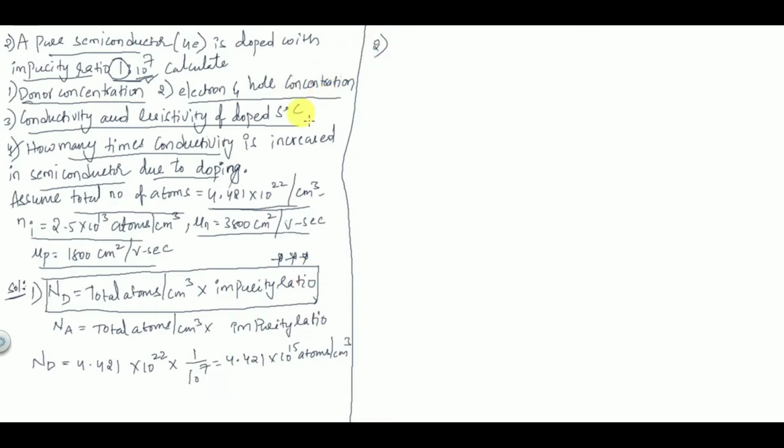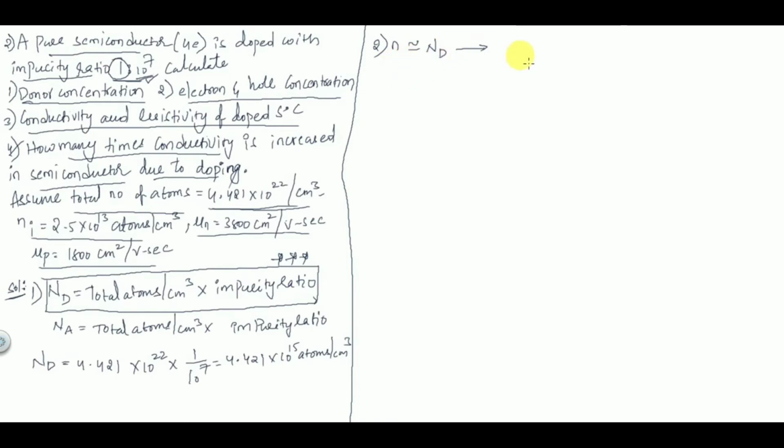Next, second question, he has asked to find the electron and hole concentration. So electron concentration: in N type, when doped with the donor impurity, N is almost equal to ND. We know that the majority carrier concentration is almost equal to the doping concentration, and this we have already discussed in mass action law also.